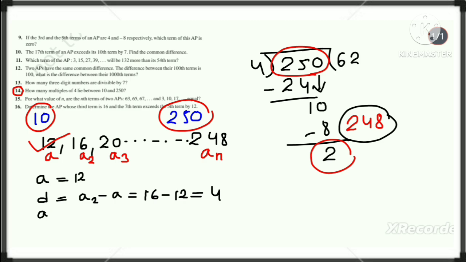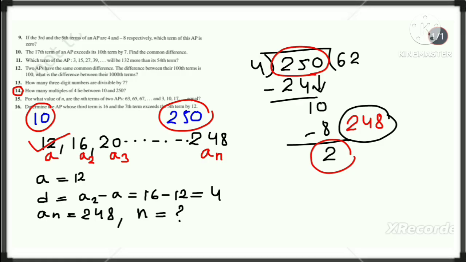AN, or the last term, is 248, and here we need to find the number of terms denoted by n.